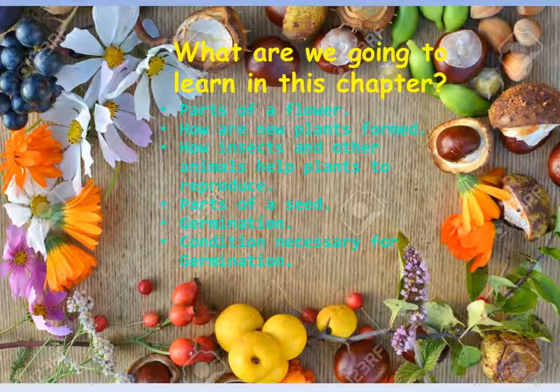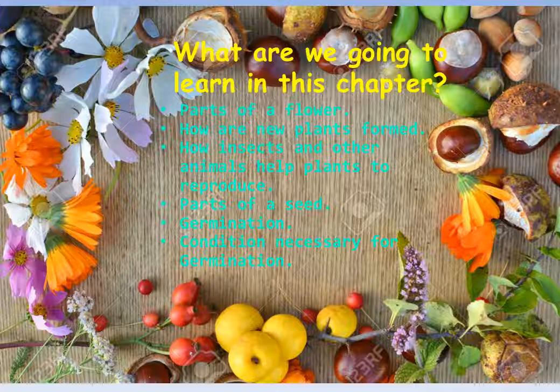Before getting into this chapter, let's see what there is to be learned. First of all, we will learn the different parts of a flower. We have been seeing different flowers across our region. Different flowers have different shapes and different smells, and of course they have a common specification, that is, they have a particular arrangement of parts.